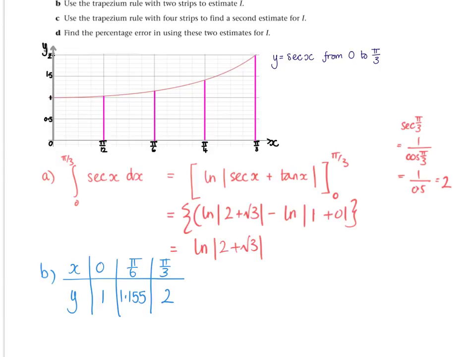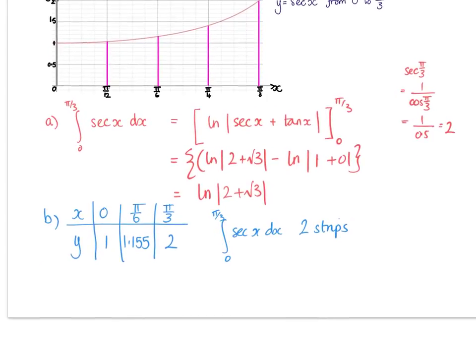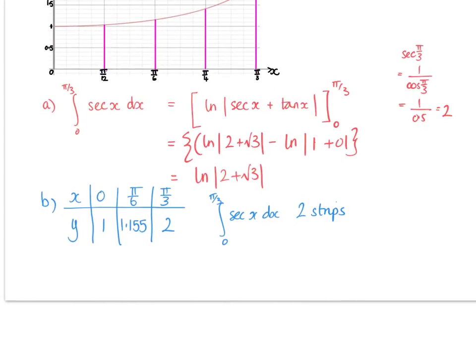If we then pop it into our formula for the trapezium rule, then the integral from 0 to pi by 3 of sec x for 2 strips is going to be approximately equal to a half of the width of each strip, which is pi by 6, times the first plus the last, plus 2 times the middle.